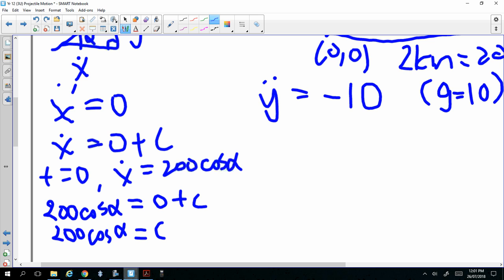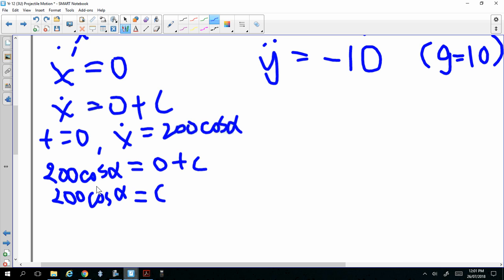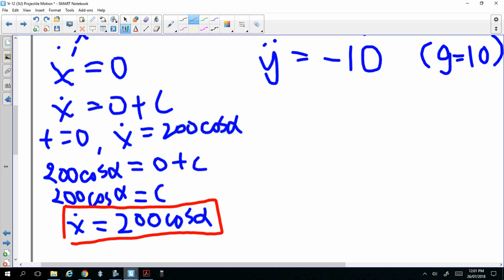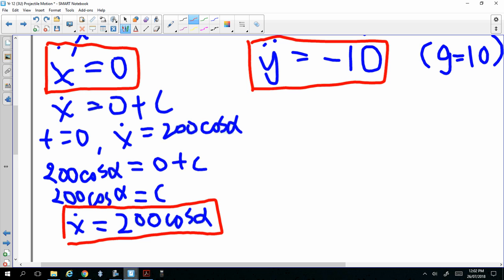Then you update your formula. Therefore x dot must be equal to 200 cos alpha. Draw a box around it, and then this one, draw a box, so you have 6 equations. I will continue.